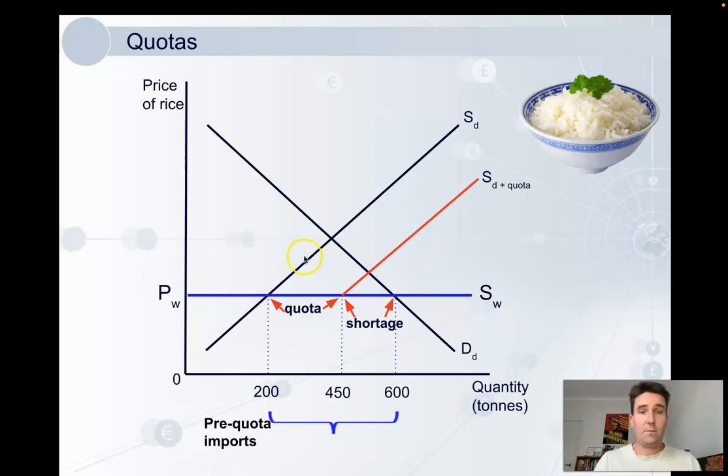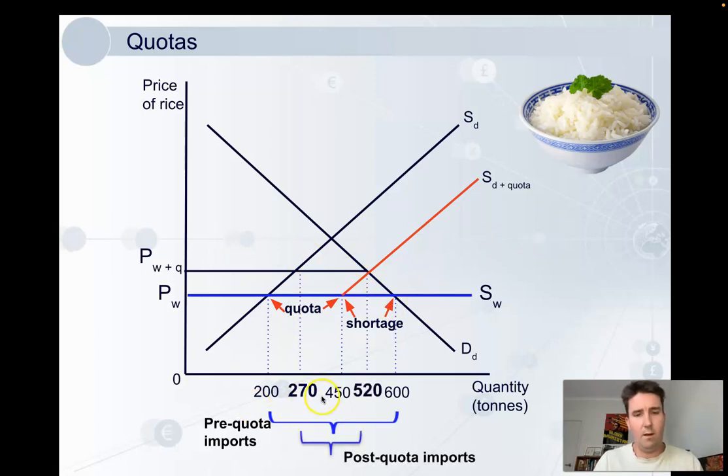And we'll say, for these made-up numbers, that once the price goes up high enough, domestic producers will be willing to make 270 tonnes, and domestic consumers will only be willing to buy 520 tonnes, and this leaves 250. So the quota completely clears the market. So there's no shortage left over now.